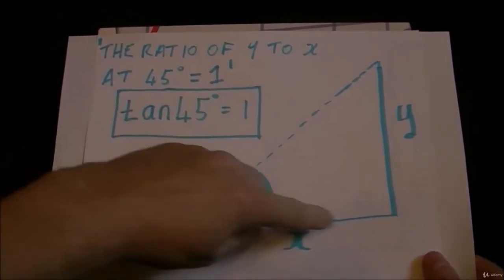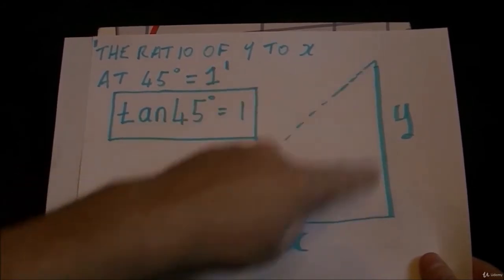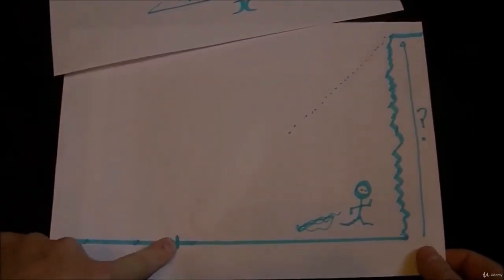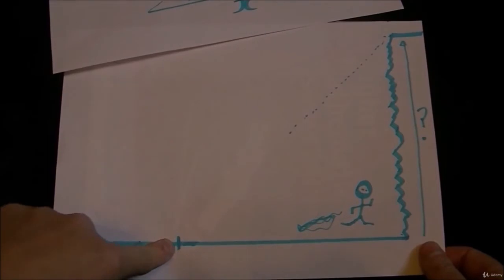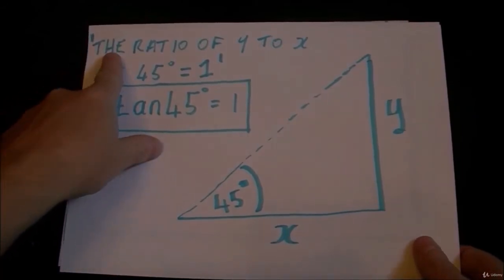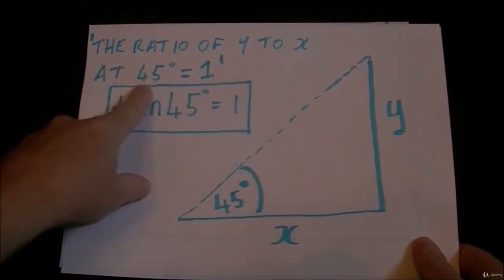So what we're saying is, if we go along 1, we go up 1. If we go along 2, we go up 2. If we go along 3, we go up 3. If we go along this length here to that point there, that length there is the height of the mountain there.